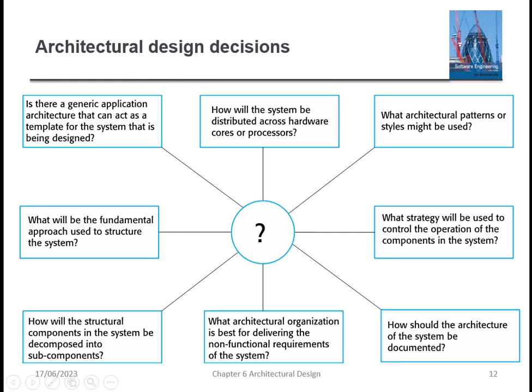What strategy will be used to control the operation of the components in the system? What architecture organization is best for delivering the non-functional requirements? As I stated, non-functional requirements are achieved through the architecture, so we must know which architecture organization is best. How should the architecture of the system be documented?